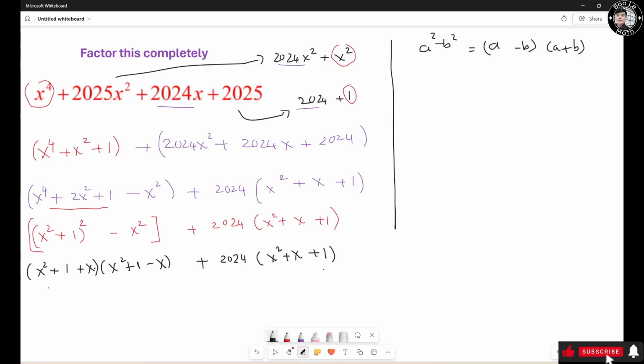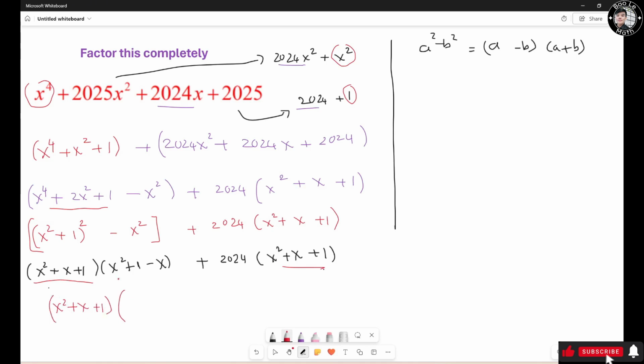Now s squared plus 1 plus s, I can rewrite this one as s squared plus s plus 1, right? Alright, so I have the same common factor right here, this guy and this guy right here. I factor this guy out one more time, so it could be s squared plus s plus 1, right?